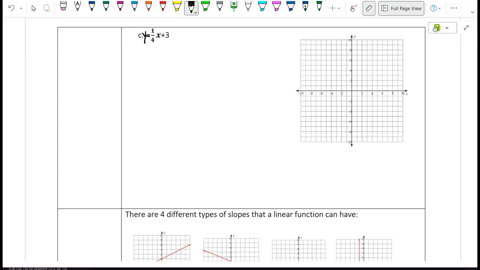But when you're working with a fraction, we'll add a little note here.